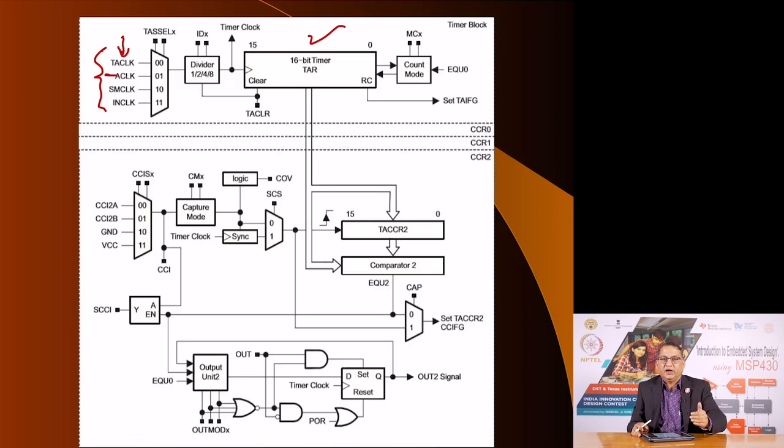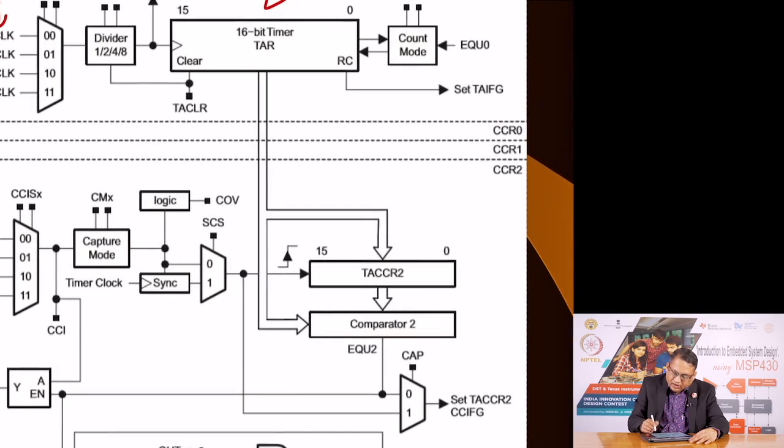In the continuous mode, the maximum value is the maximum value of a 16 bit number, which is FFFF. On the other hand, in the up mode and the up down mode, the maximum value that the timer will count up to is determined by the capture compare register R0.